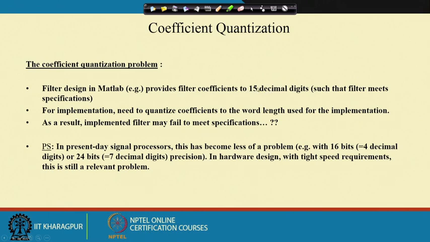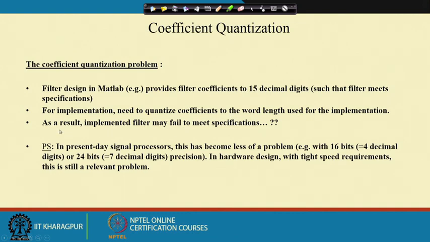If the filter coefficient is represented using 15 decimal digits or 15 bits, then the filter meets the specification. For implementation, we need to quantize the coefficient to the word length used for the implementation.